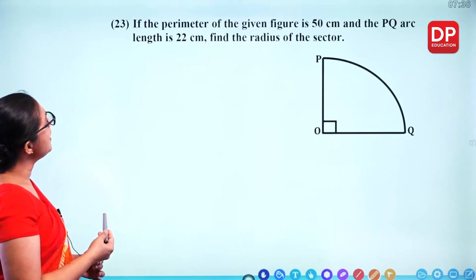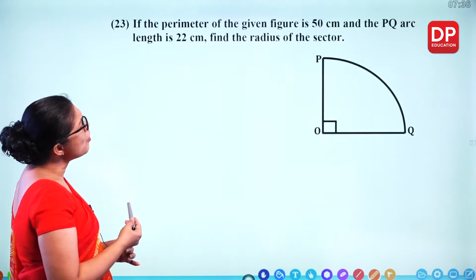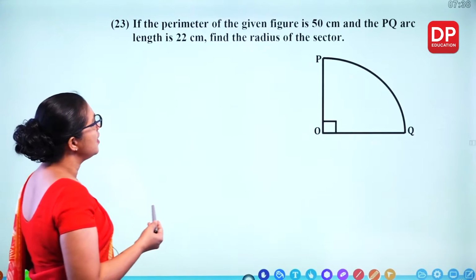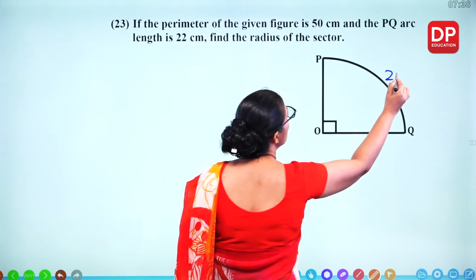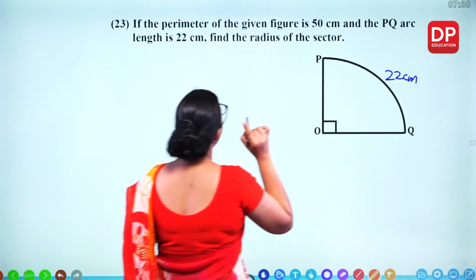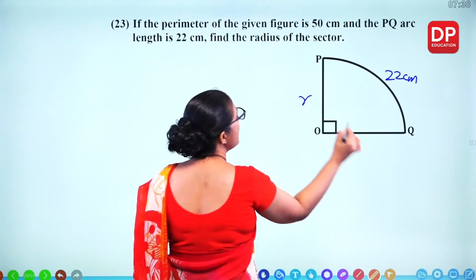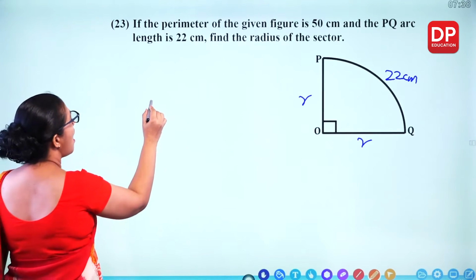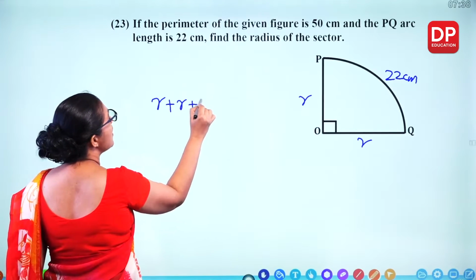Question number 23. If the perimeter of the given figure is 50 centimeters and the PQ arc length is 22. This is 22. Find the radius. So this is radius, radius. So perimeter is 2R plus 22.